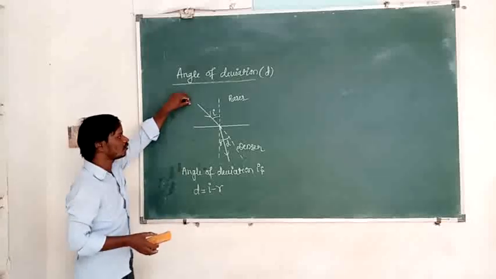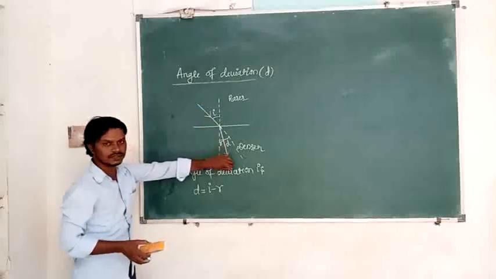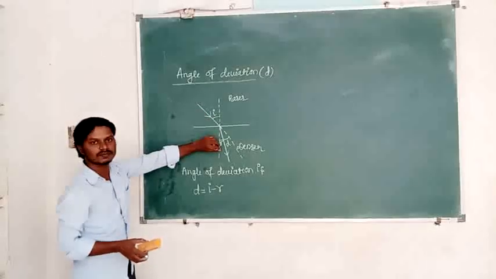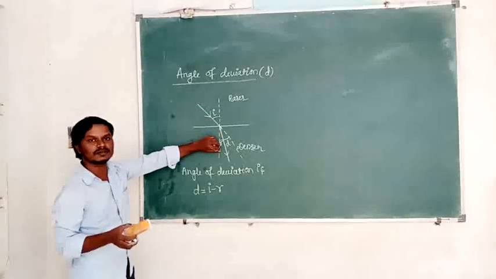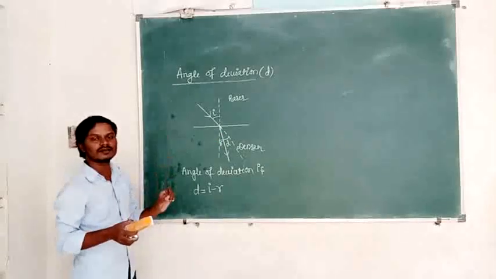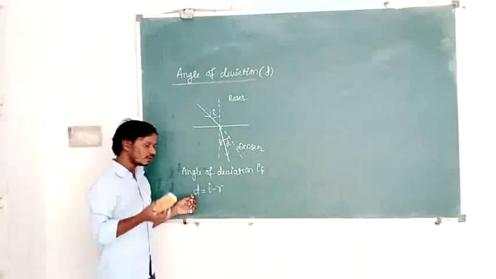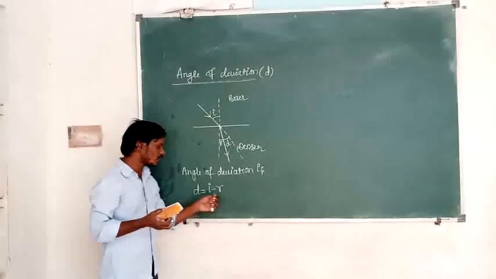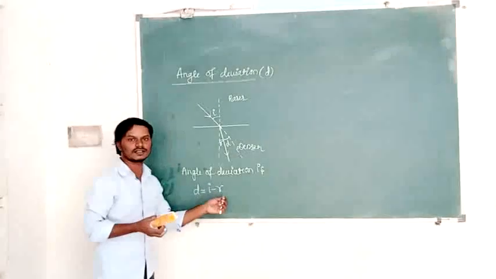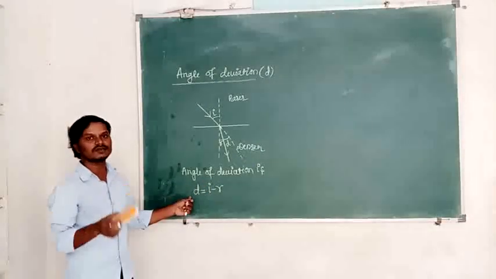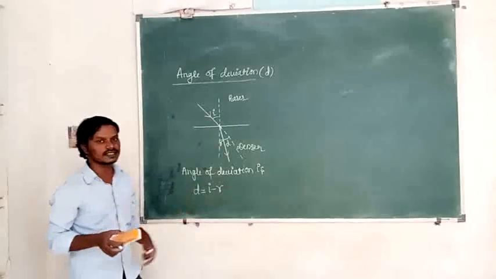When the light travels from rarer medium to denser medium, the angle of incidence is greater than the angle of refraction, meaning the angle of refraction is less than the angle of incidence. That is why we find the angle of deviation by I minus R, because I is greater than R. So we use this formula when the light travels from rarer to denser.